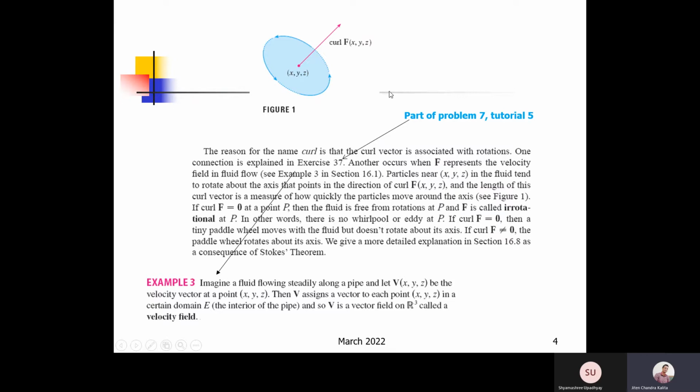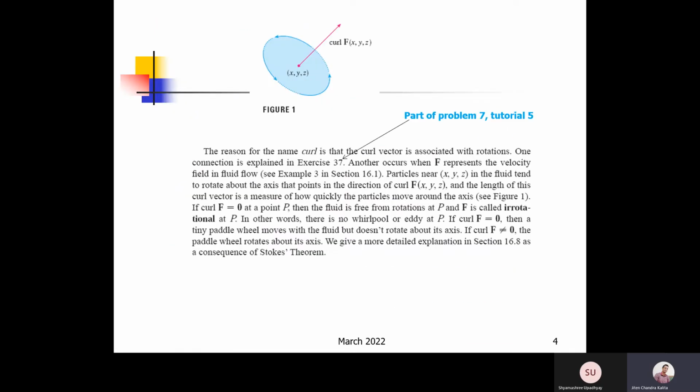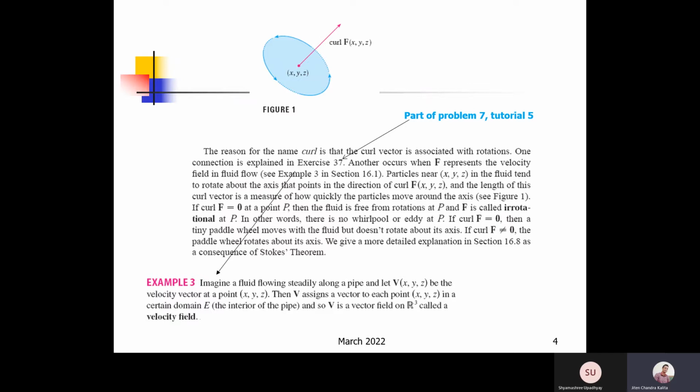Now, again, as I have told you, what is the conclusion from this theorem? That the curl of conservative vector fields is always 0. Okay. So now I'm going to come to the concept of divergence.